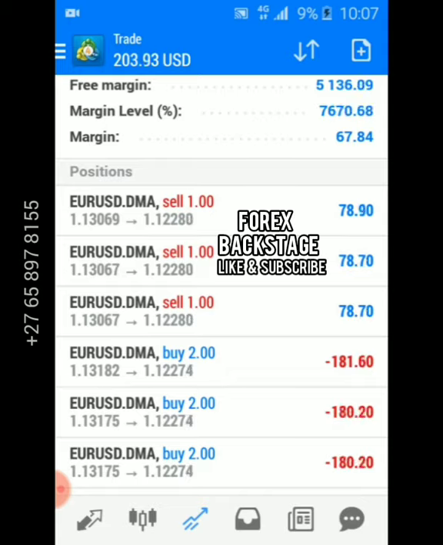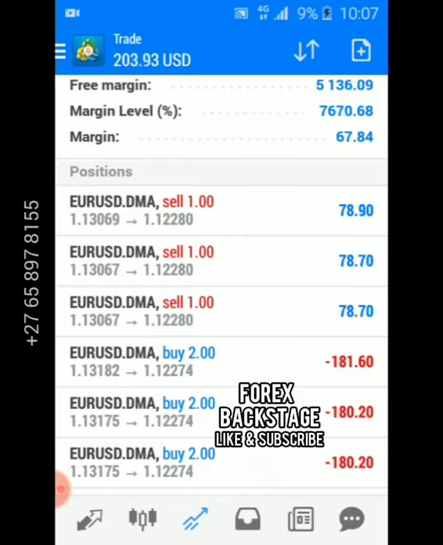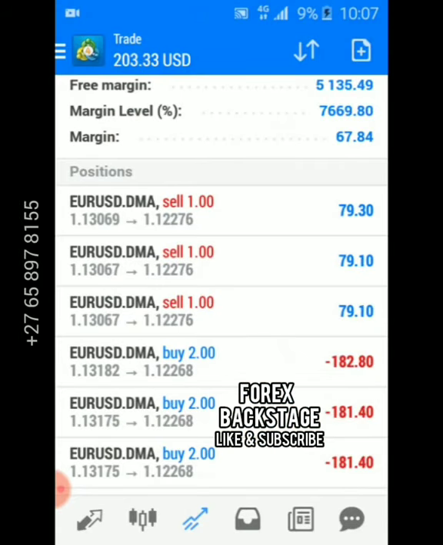So 5,000 can also allow me to use the scale of 1, 2, 3, 4, 5 when it comes to the lot sizes, 5, 6, 7, 8, 9, 10, stuff like that. So right now I have taken my first 3 trades at a sell. These trades, instead of going straight to positive and giving me profit, didn't start by doing that. They started by going up.